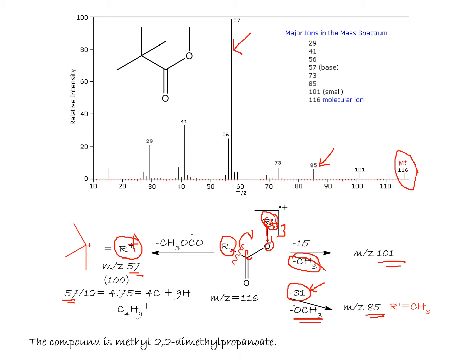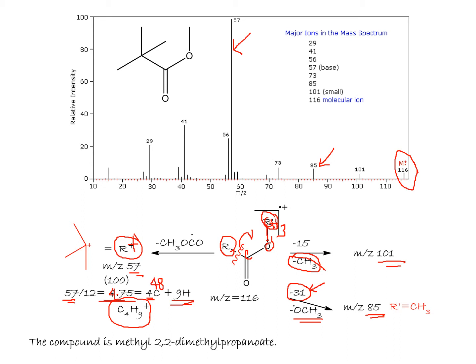57 divided by 12 ends up with 4.75, so it means that we have 4 carbon. 4 carbon means 48. To get 57, you have to have 9 hydrogen. So the formula of this ion is C4H9 plus.